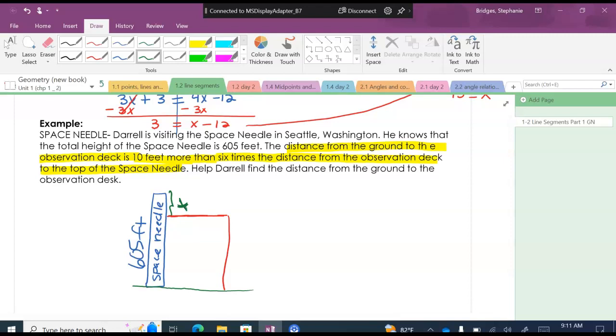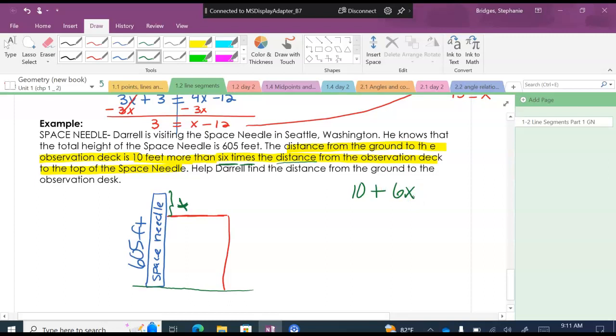Now what we need to figure out is how to write 10 more than. So think about math. Let's write the number 10. What is more than? Add, subtract, multiply, divide. Add, okay. 6 times the distance to the top. What did we call the distance to the top? X. How do I write 6 times that? 6x.